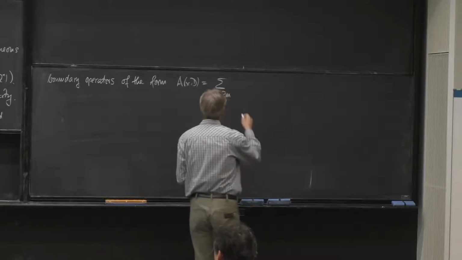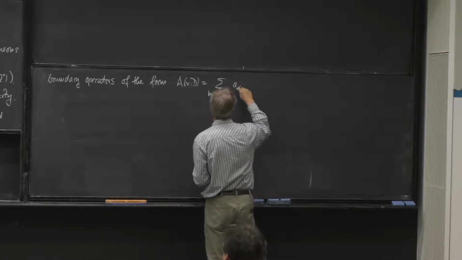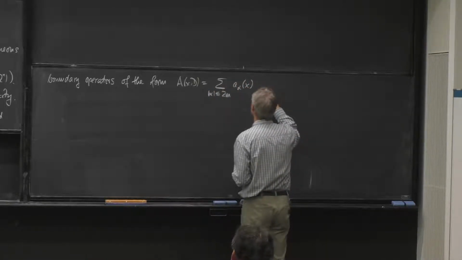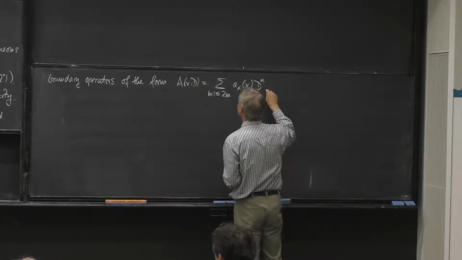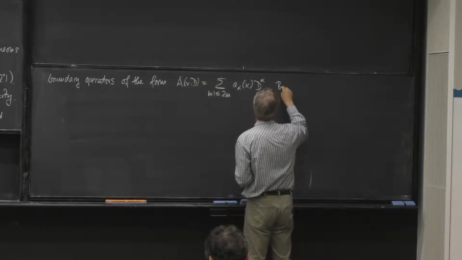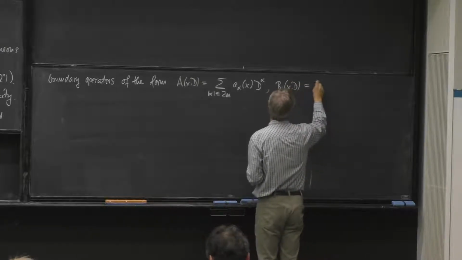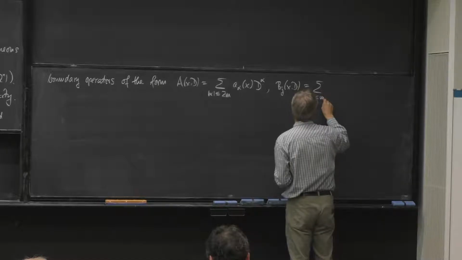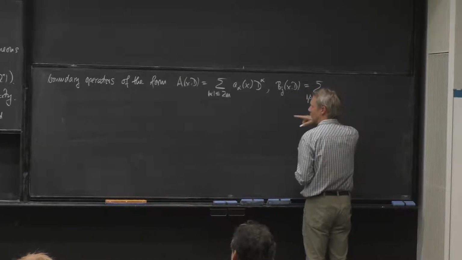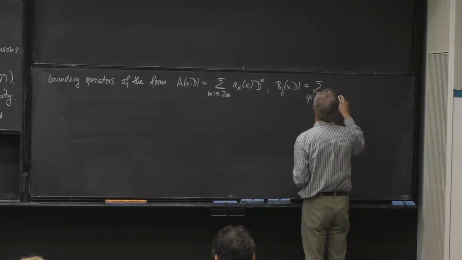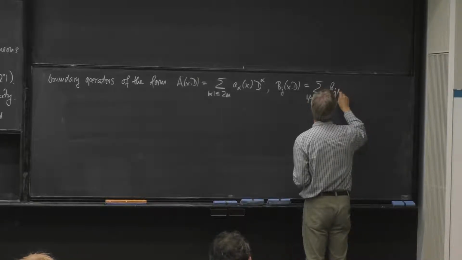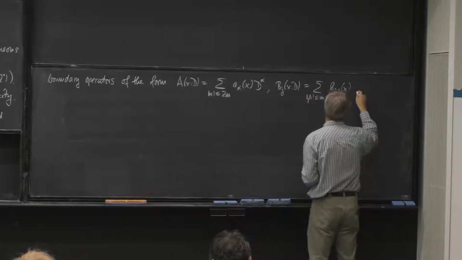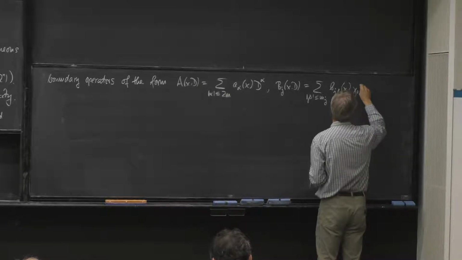So I assume from the very beginning that it's an even order. I have some coefficients, and then I have d alpha, and bj of xd is again a general boundary operator, let's say of order mj. J runs from 1 to m here. I have some coefficients of x, and then I have here this gamma 0 d beta.